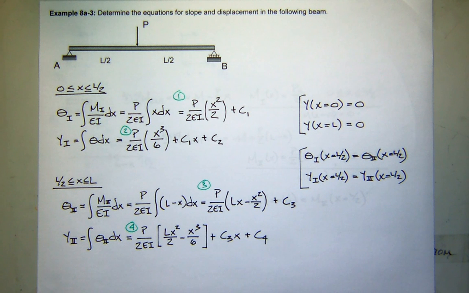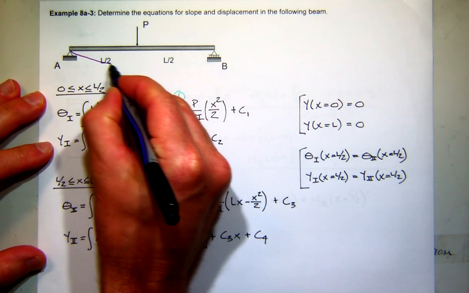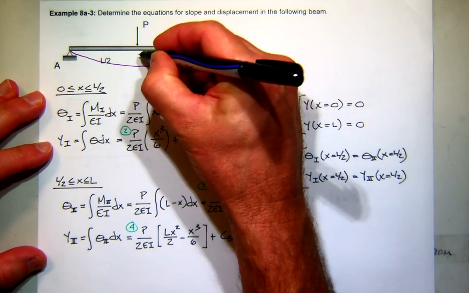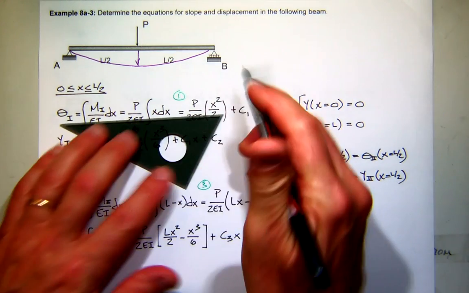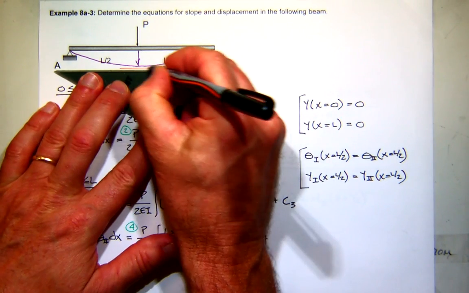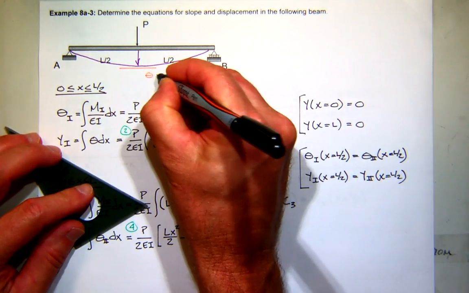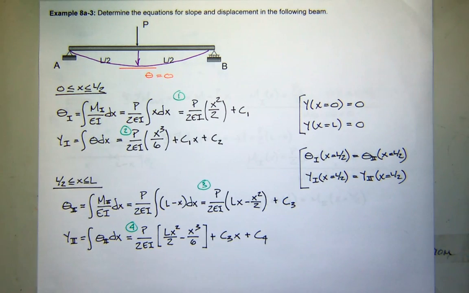In this problem, you have some insight that the slope is 0. You guys are looking at me like I'm crazy. Remember, the displacement looks like that, so we know that right at that point there, what's true? That's maximum displacement, so the slope is 0. That's only this problem, not in general.